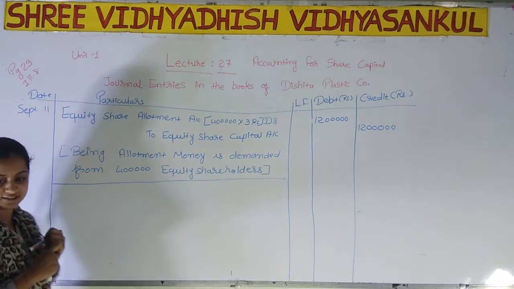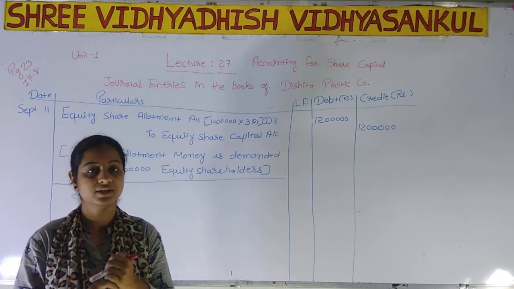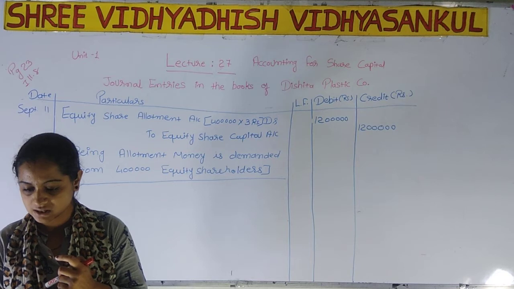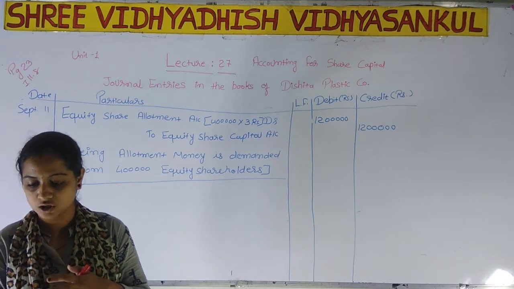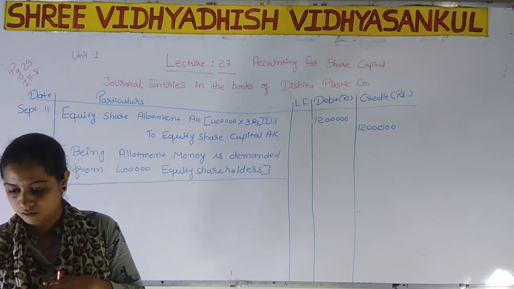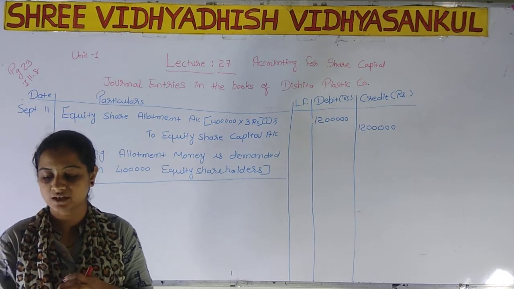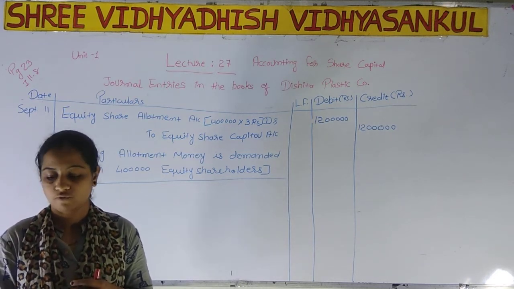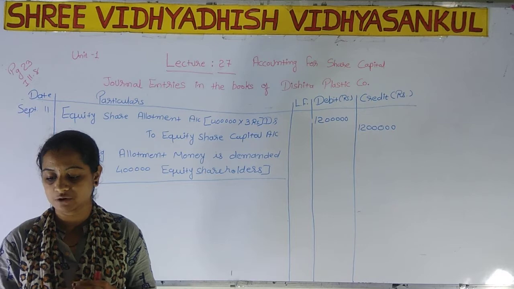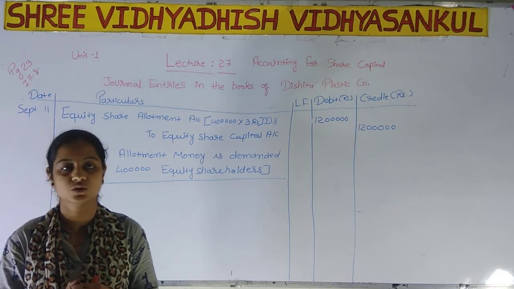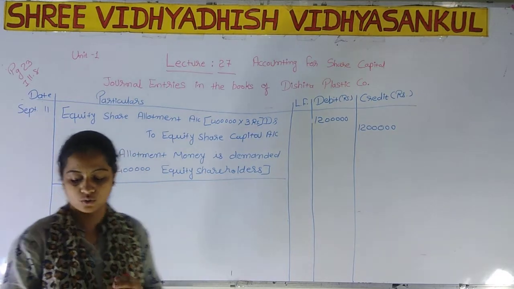So the next date of receiving allotment money is seen in your question: sum due on allotment except on 4,000 shares was received on 21st September 2017, right?